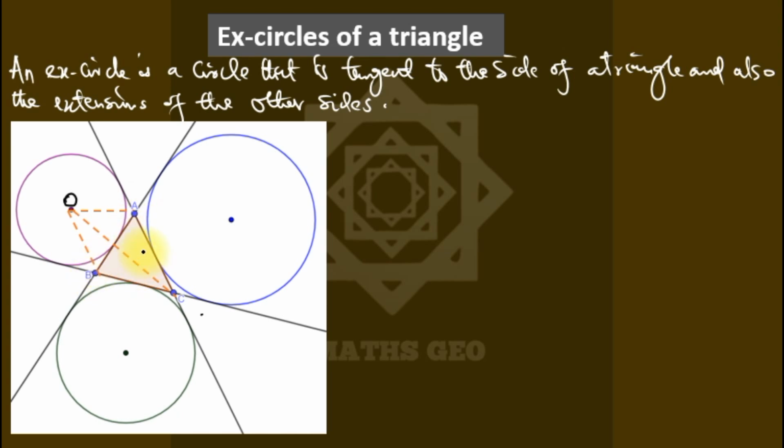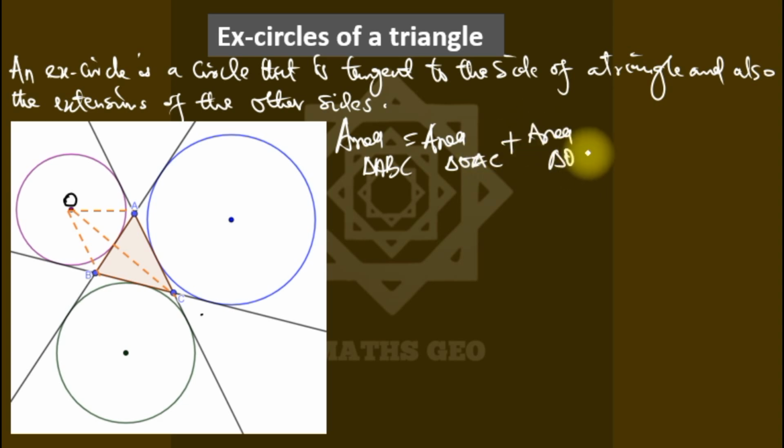So the area of triangle ABC is the area of triangle OAC plus the area of triangle OBC minus the area of triangle OAB. That's it.